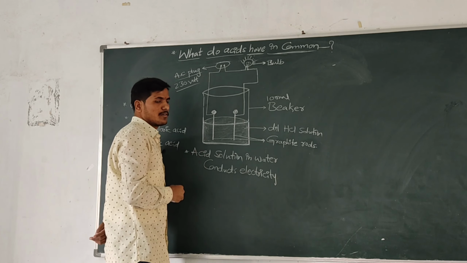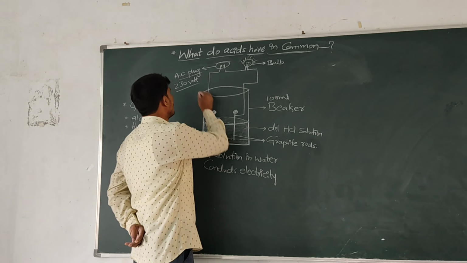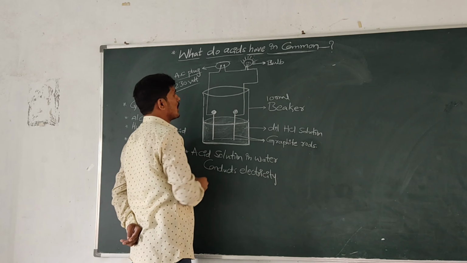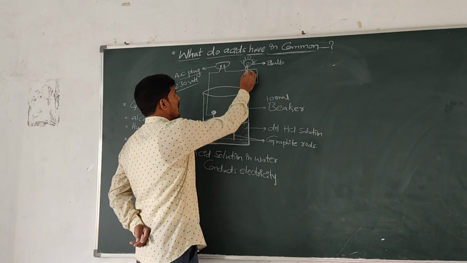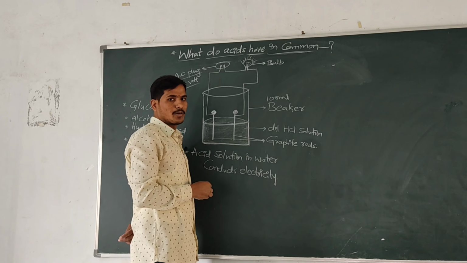Connect the other 2 free ends to the AC plug of 230 volts and complete the circuit by connecting a bulb.